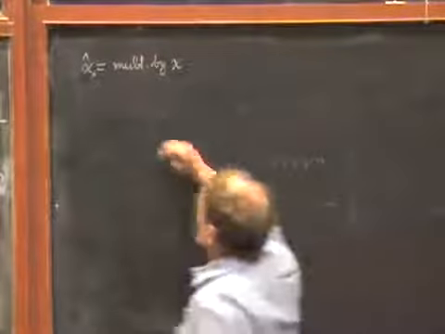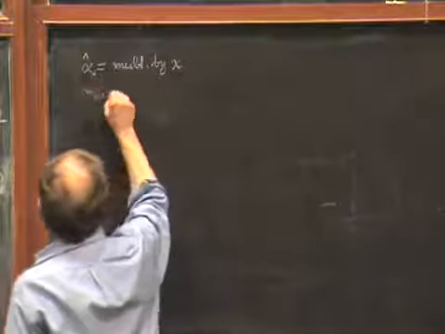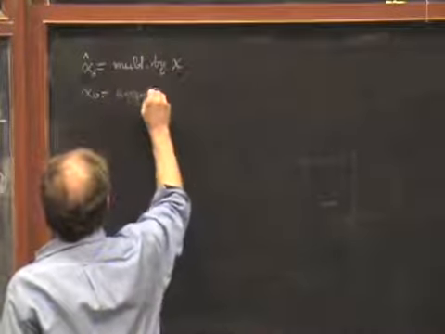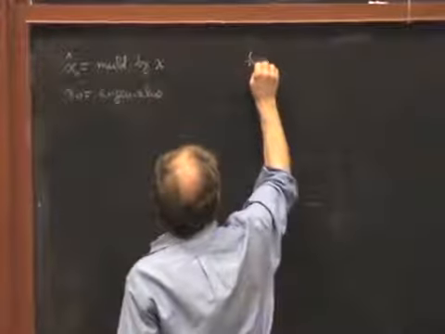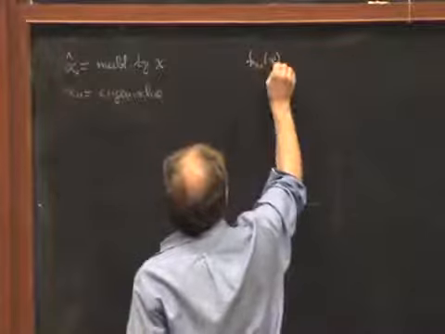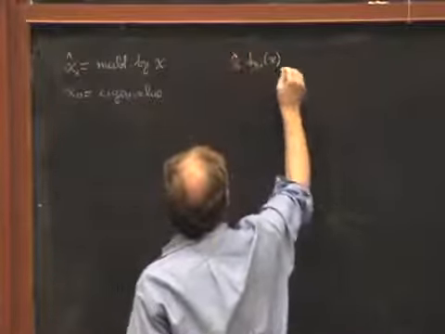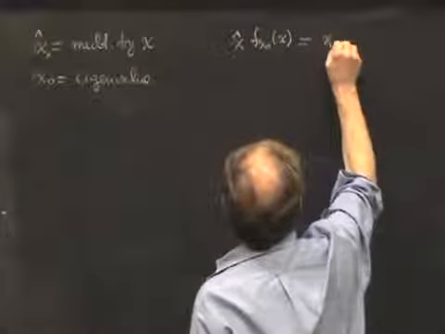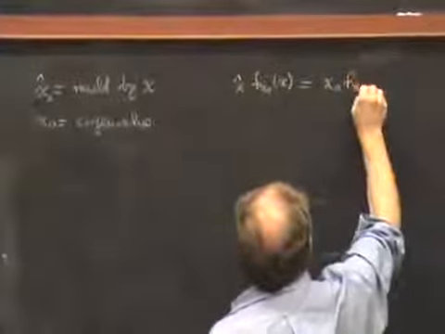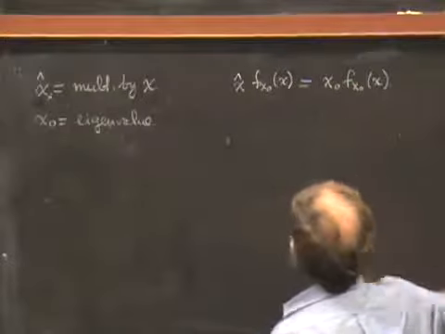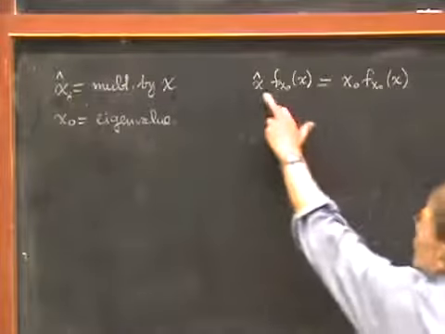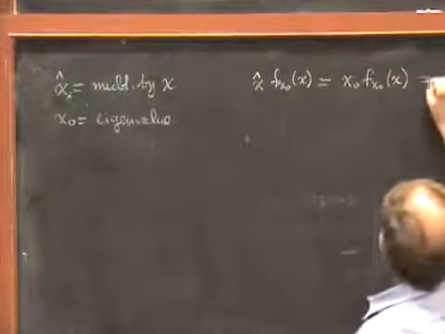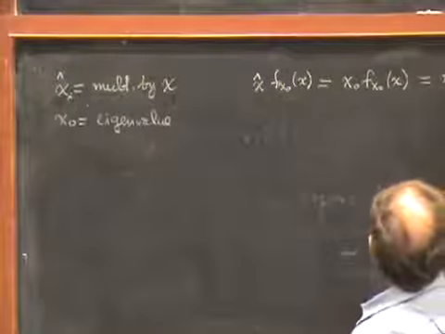All right, and let x0 be the eigenvalue, and let f_x0 of x be the eigenfunction. So we want x hat acting on f_x0 to equal x0 times f_x0 of x. However, since x hat just means multiplication by x, this is the same thing as x times f_x0 of x.